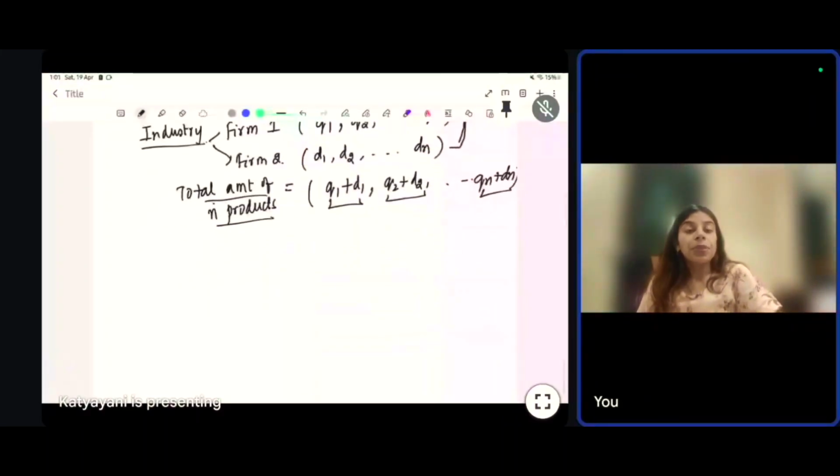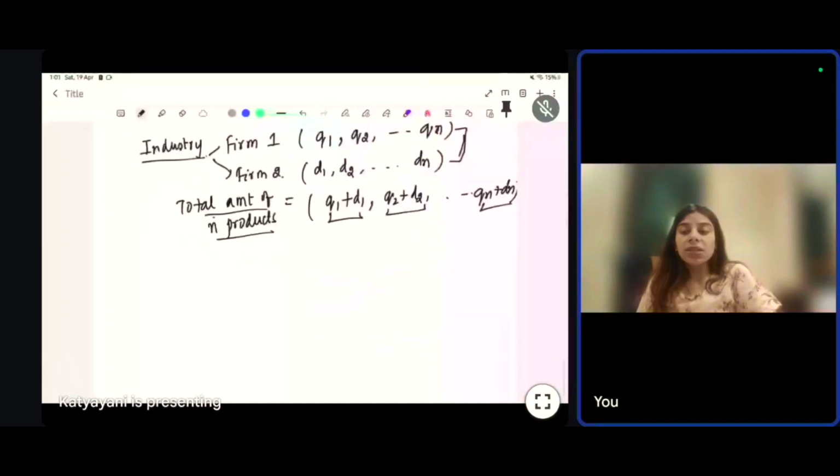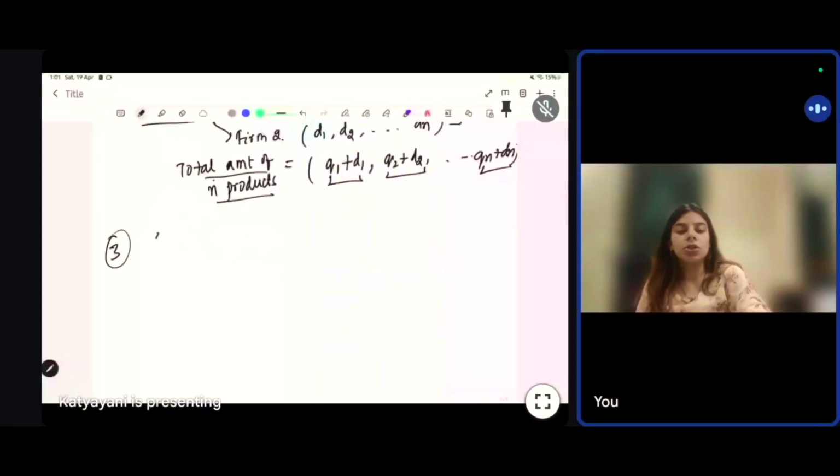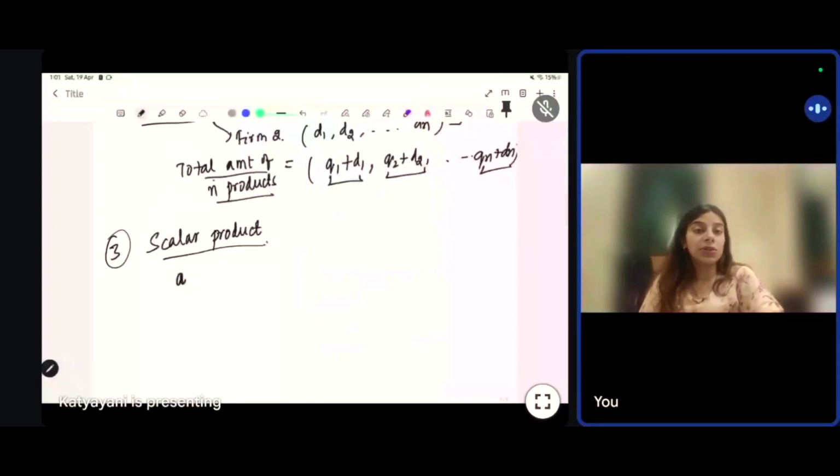Then after the sum of vectors, you can have another operation, the third operation, which is called the scalar product. The scalar product means that if you are multiplying your vector with a scalar, or with a number, you are scaling up or scaling down your vector.